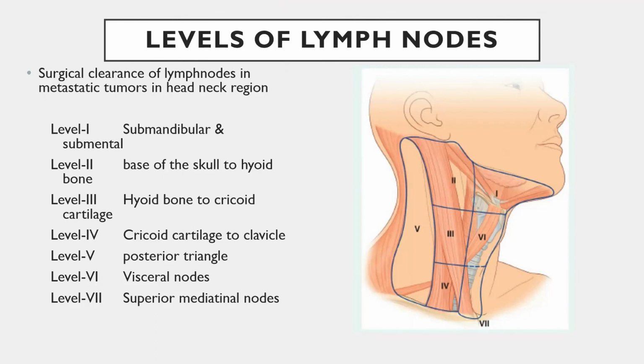Anyone? Accessory nerve? Yes, the accessory nerve crosses the posterior triangle, right? So in most cancers, you have to do block dissection of the lymph nodes of the neck, and in this circumstance, mainly the accessory nerve can be damaged.